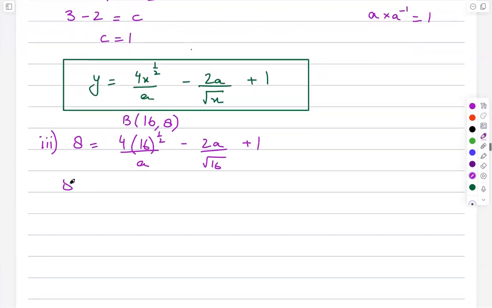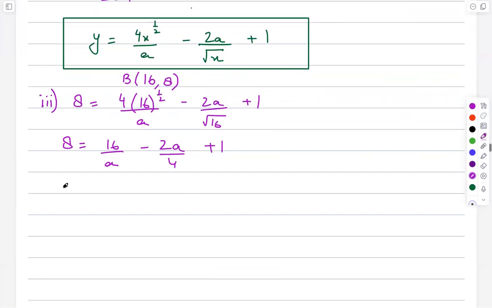So this will be 8 is equal to 4 into 4, that will become 16 upon a, minus 2a upon 4, plus 1. So taking the LCM over here, we'll get 16, the LCM will become 4a. And we can take the 1 on the left-hand side as well to simplify the equation.